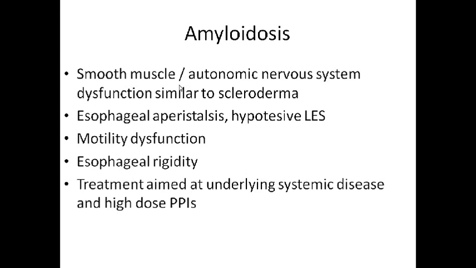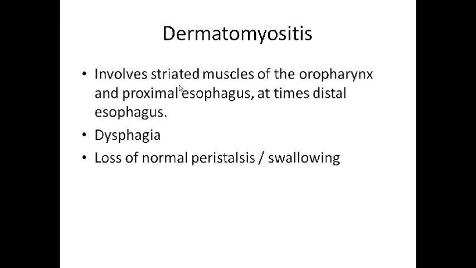Again, the treatment is aimed at the underlying systemic disease, but also because of the comorbidity of GERD, usually there's a high dose of proton pump inhibitors, because all of the acid is going up from the stomach into the esophagus with amyloidosis because we don't have contraction. Again, this is similar to scleroderma.